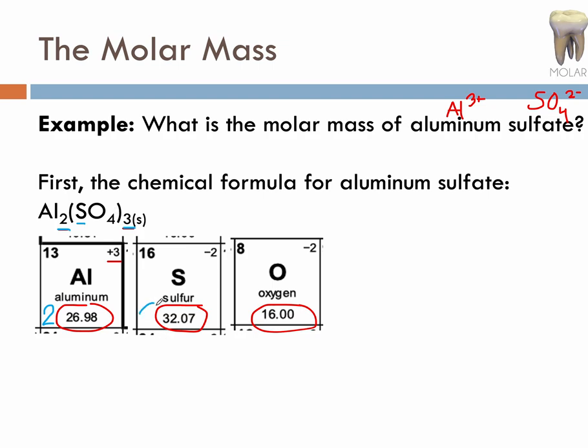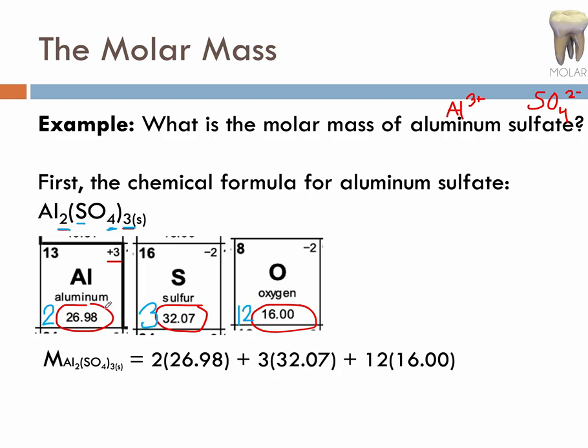That means I've got 3 sulfurs altogether. Now the trickiest one is oxygen. There are 4 oxygen atoms inside a single sulfate, and then there's 3 sulfate ions inside my chemical formula. So there are 4 times 3, or 12 oxygen atoms in this compound. So 2 aluminums, 3 sulfurs, and 12 oxygens.